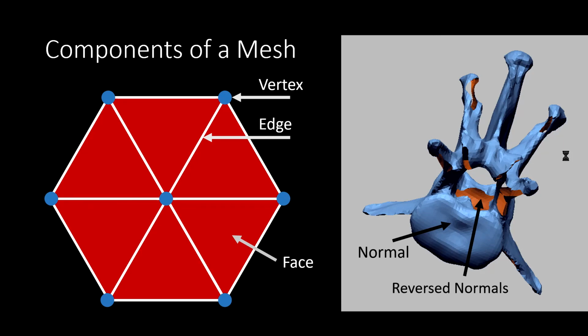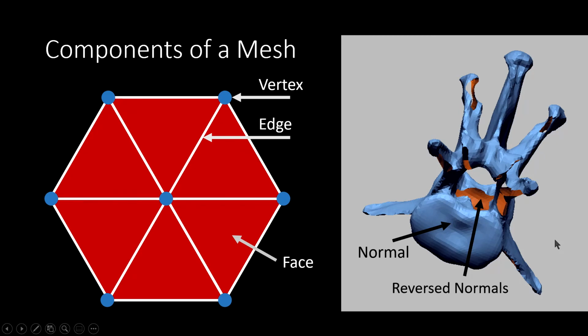So the normal side of the faces are colored blue, and then the way Geomagic renders reverse normals is it chooses the opposite color, in this case orange. So you can actually see there's a hole in the mesh right here, and you're looking at the opposite side, the reverse normals of these faces. You can also get that impression where you're looking through the hole in the mesh right here, and you can see, again, the reverse normals right here.